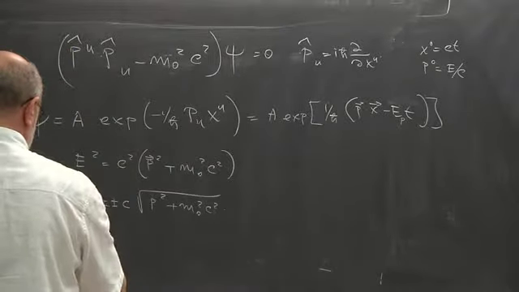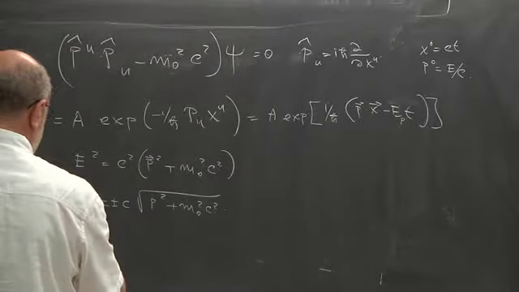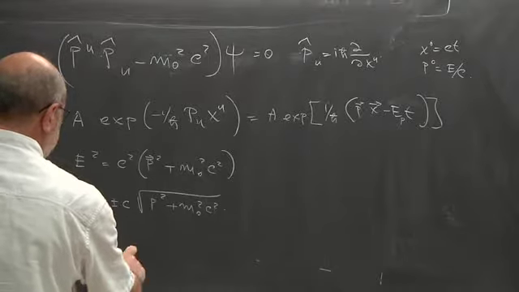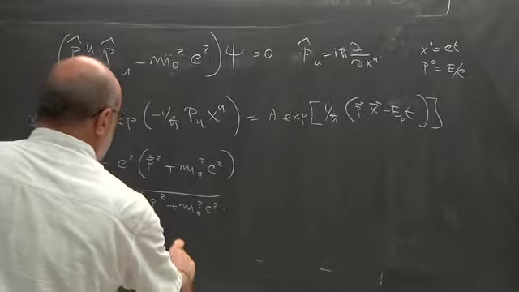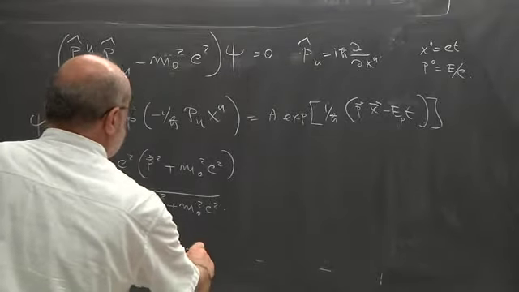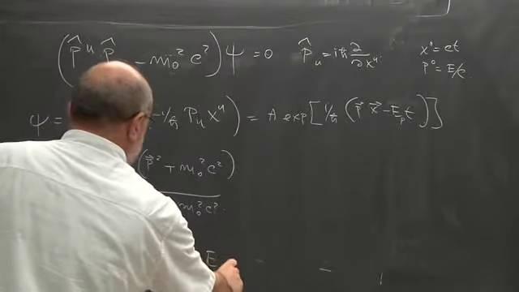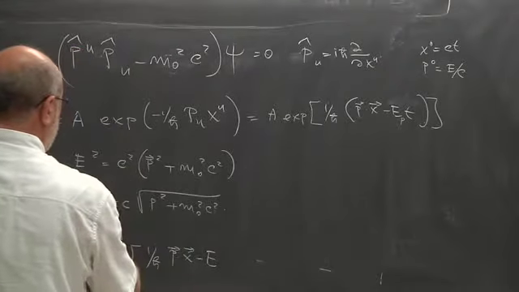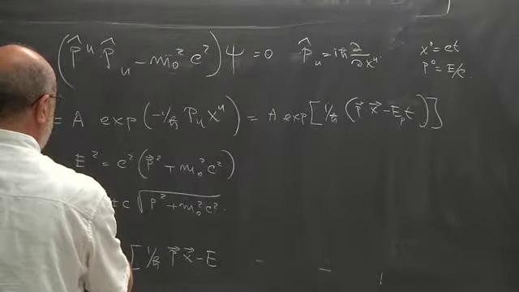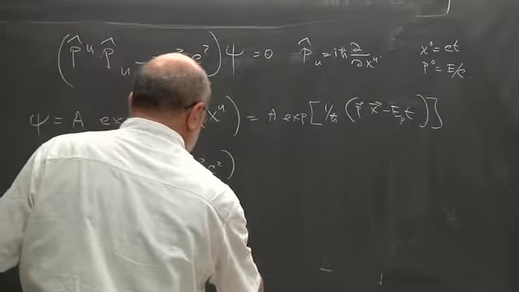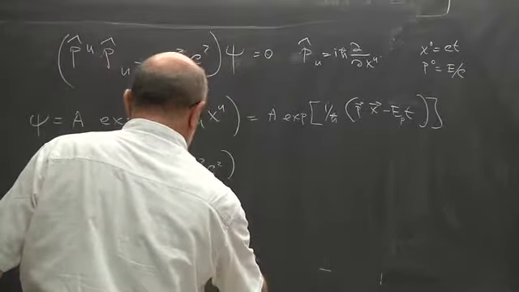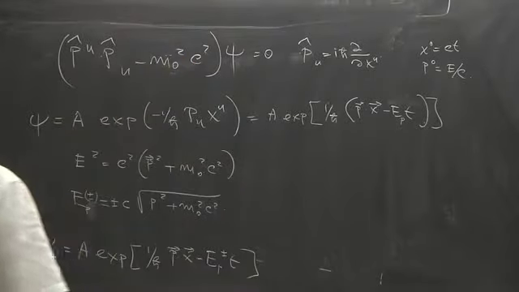Then there are two solutions, exponential of i over h bar times p·x minus E_p plus or minus t. So you see that there are two solutions.